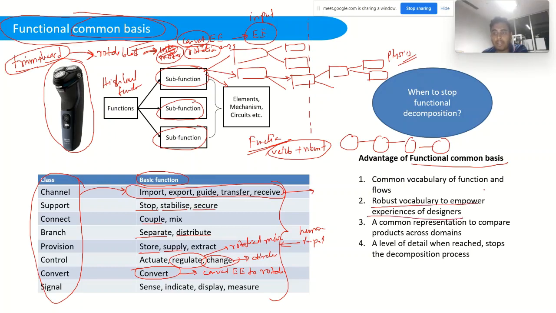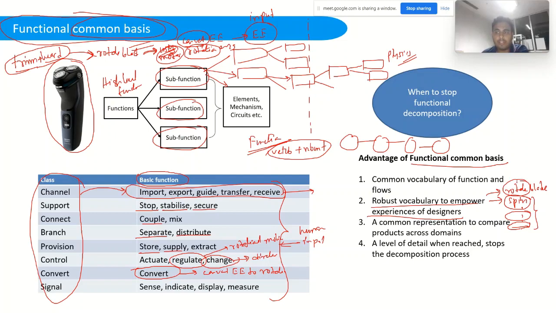For example, for rotating a blade, someone can write rotate blade, someone can write spin blade. People may use different verbs for the same meaning, but using different versions of the function will bring confusion when you work in a team or in an organization.